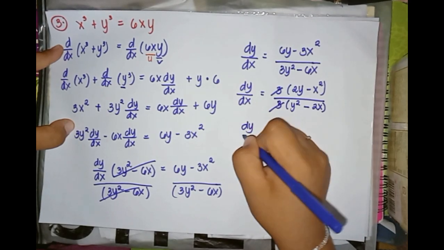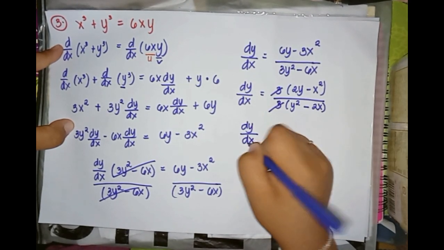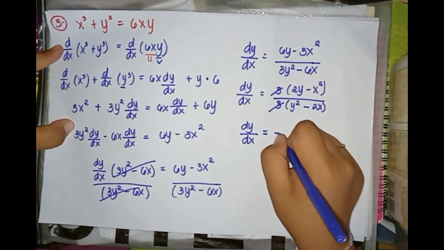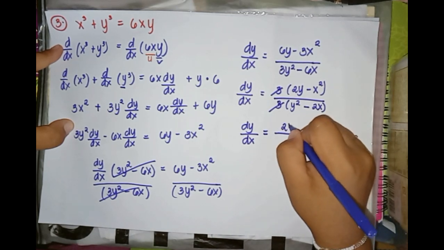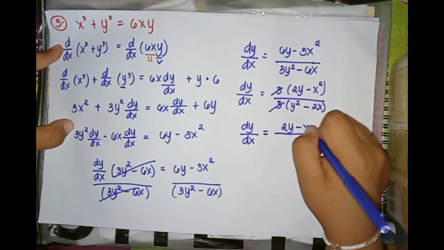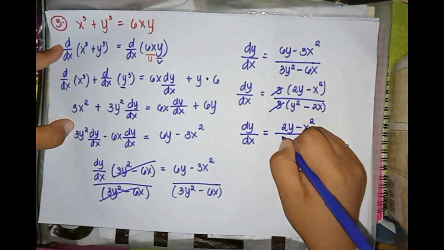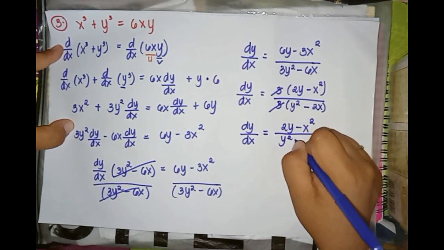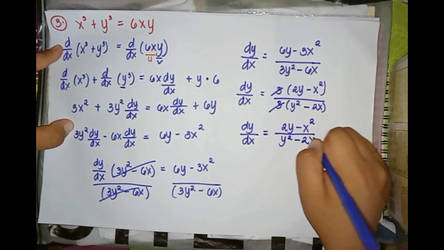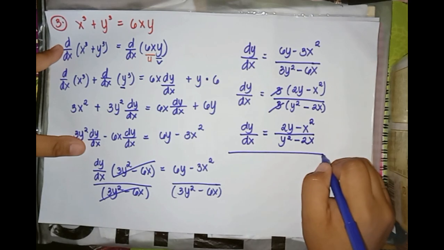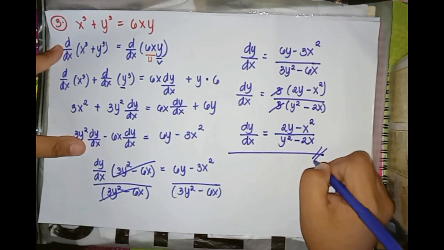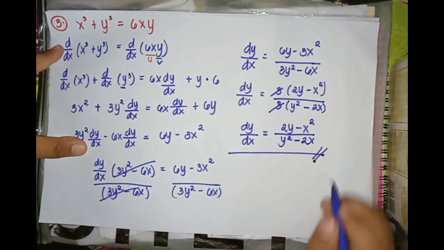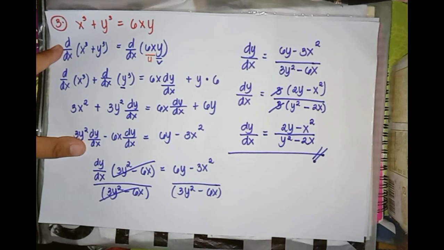And we are left with dy over dx is equal to 2y minus x squared over y squared minus 2x. And that's our final answer. How did you do? Did you get this one right?